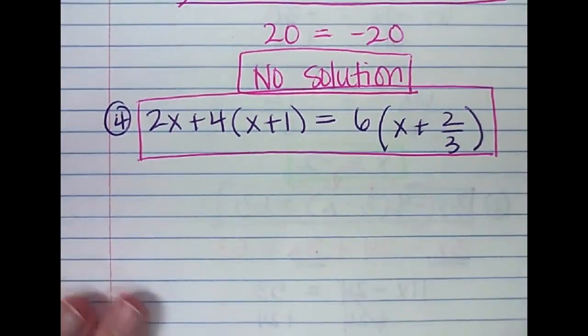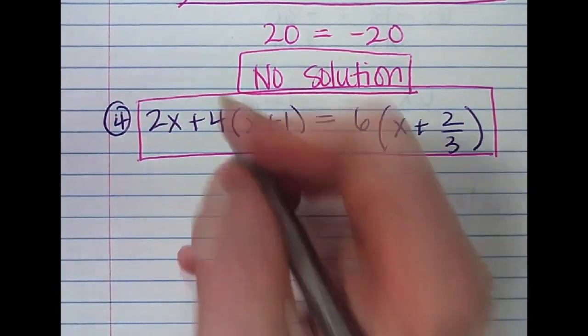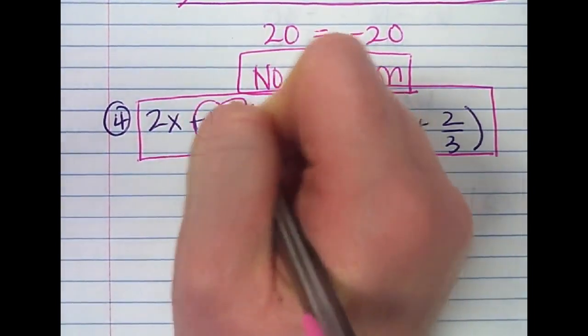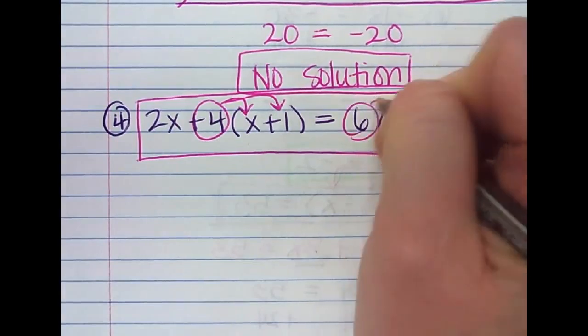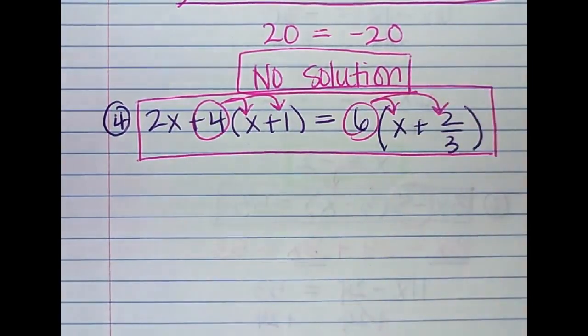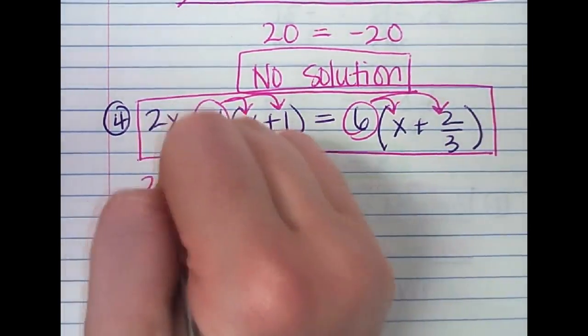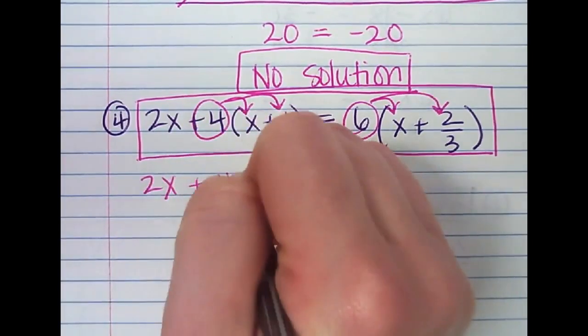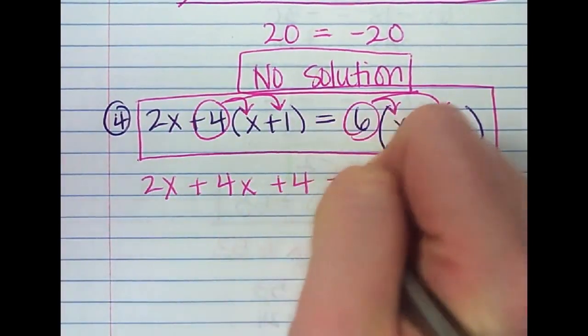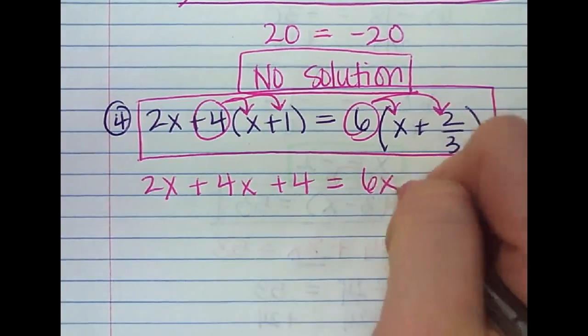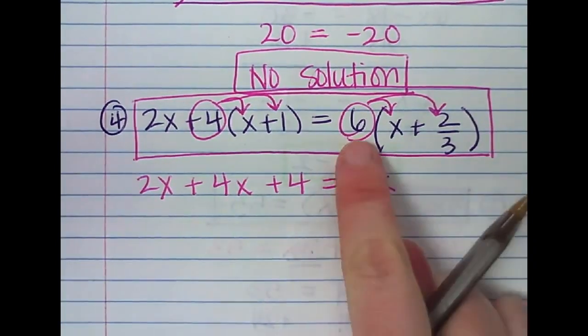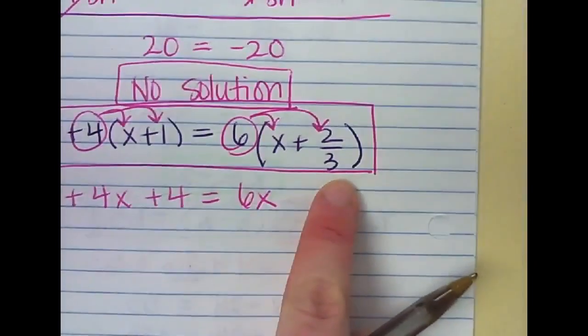Okay, so we can distribute on both sides here. So I'm going to distribute this 4 and also this 6. So 2x plus 4x plus 4 equals 6x. So if you're having trouble doing 6 times 2/3, I'll show you what I do.